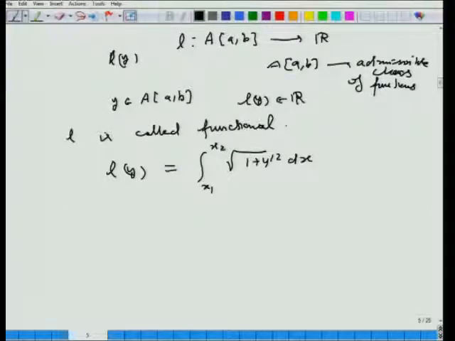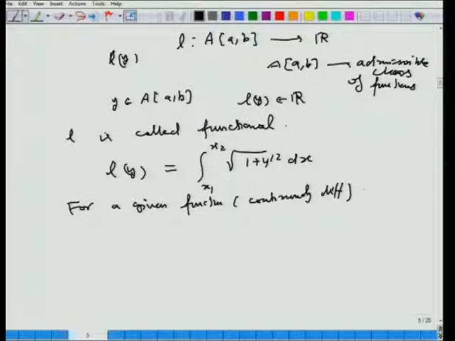So, L, for a given continuously differentiable function from the function space C1 of x1 to x2, C1 means continuously differentiable, the space of all continuously differentiable functions from the interval x1 to x2 into R.